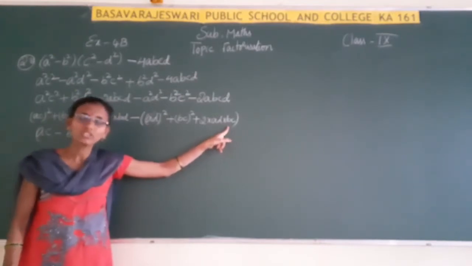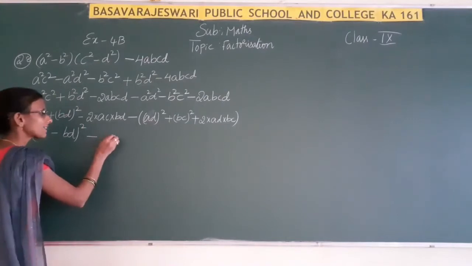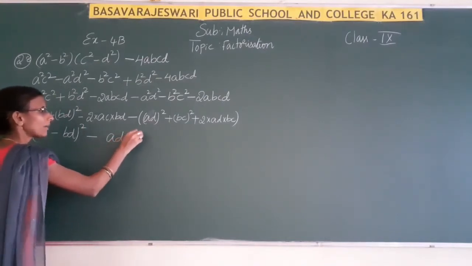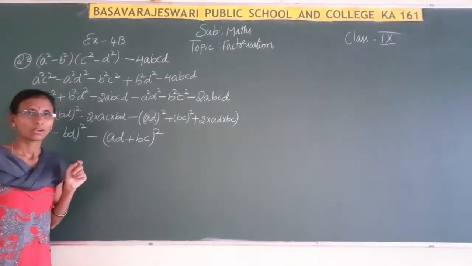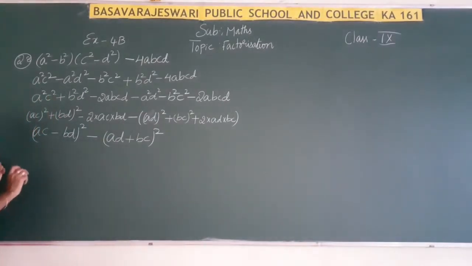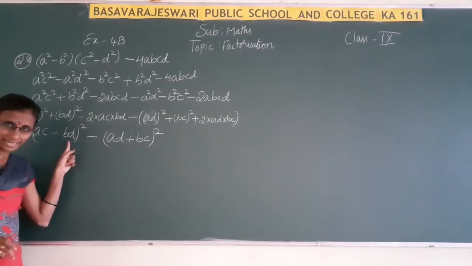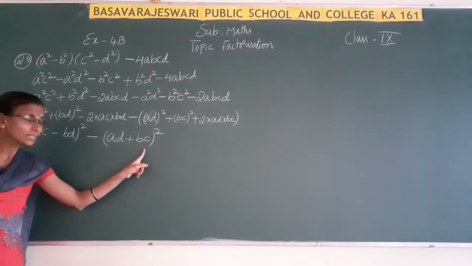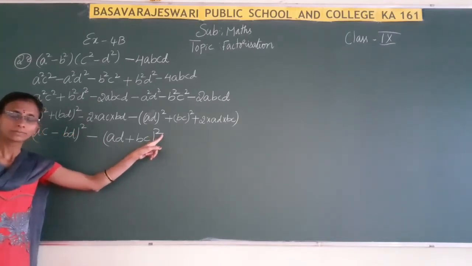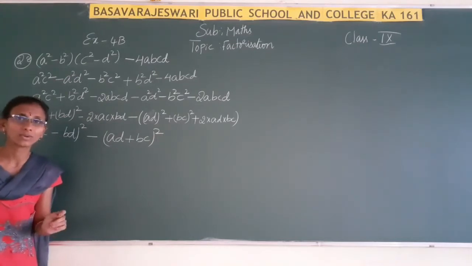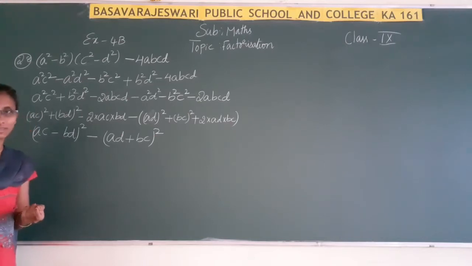This is the expansion of (a plus b) whole square, so we write this as (ad plus bc) whole square. Now this whole expression we take as A, and this whole as B. So A square minus B square, whose expansion is (A plus B) into (A minus B).